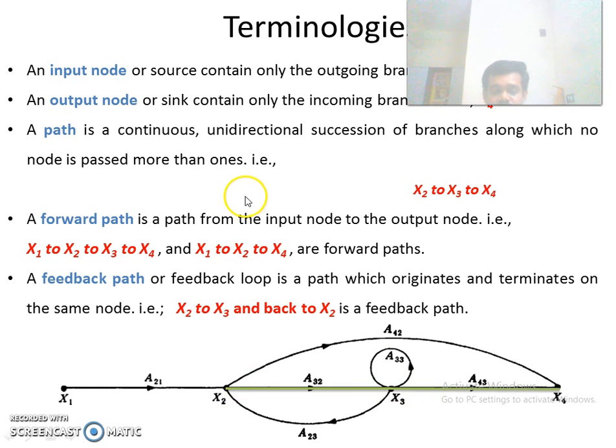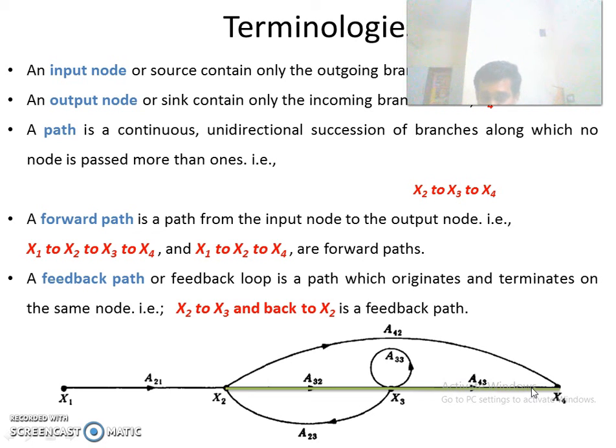Now we are going to see what is forward path. Forward path is a path from the input node to the output node. So first one, x1 to x2, x2 to x3 and x3 to x4. One forward path. Forward path means from input node to output node.